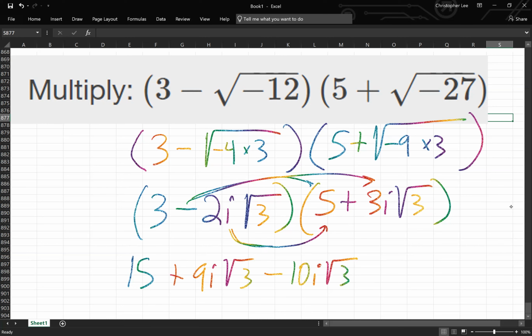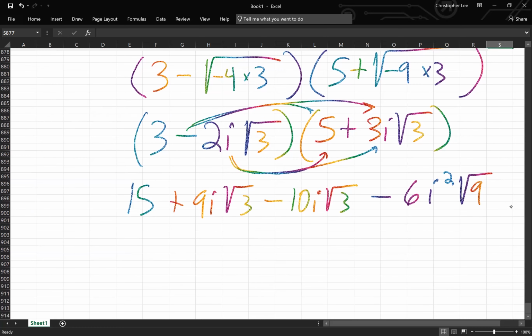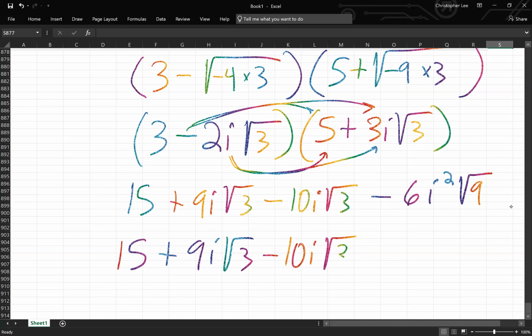And then negative 2i square root 3 times positive 3i square root 3 is going to give me a negative 6i squared square root 9. And then after that, let's simplify this. This becomes 15 plus 9i square root 3 minus 10i square root 3 minus 6 times, what's this, -1. And square root of 9, what's that, like 3?